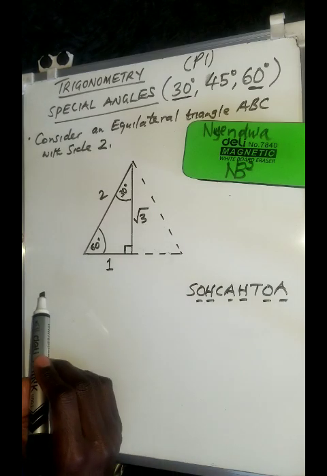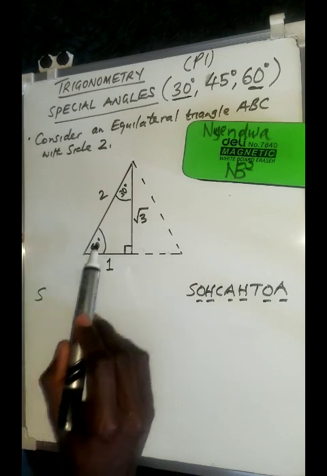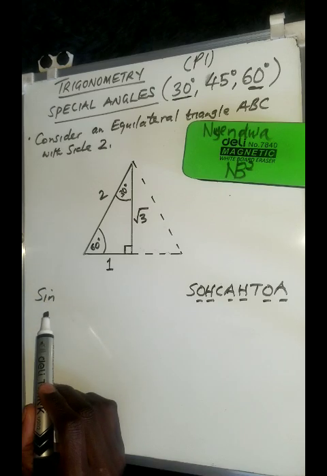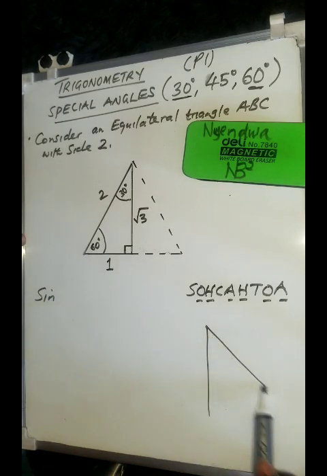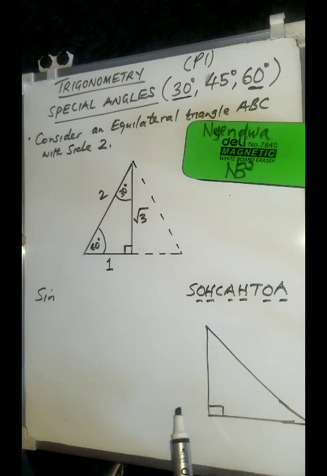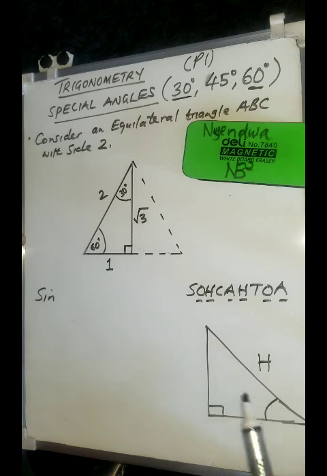Let me start with the trigonometric ratios. Another thing that I want you to remember, as a brief concept: if you have a right angle triangle like this, we know the longest side is called the hypotenuse, but which one is the opposite and the adjacent will depend on the angle that you are looking at.